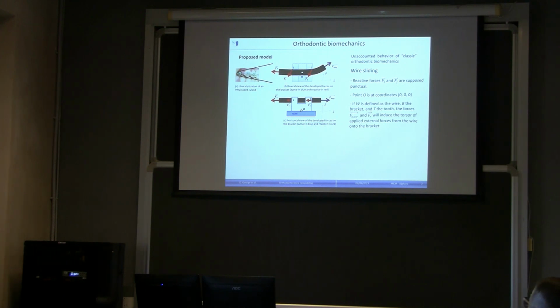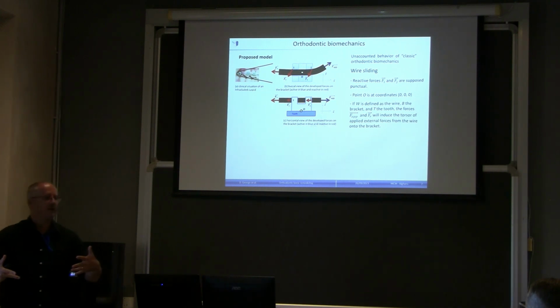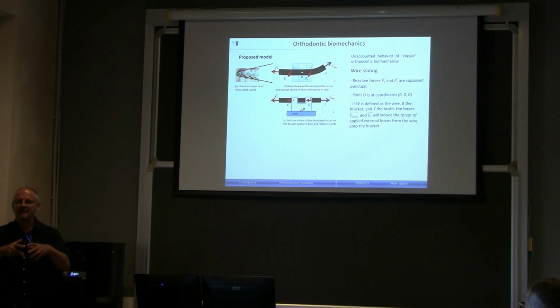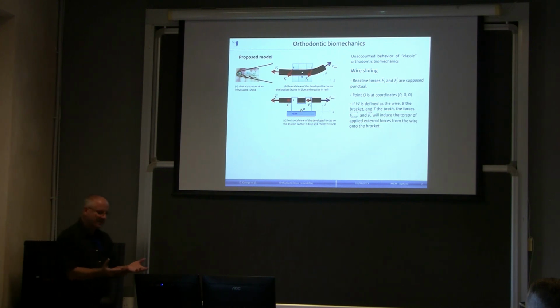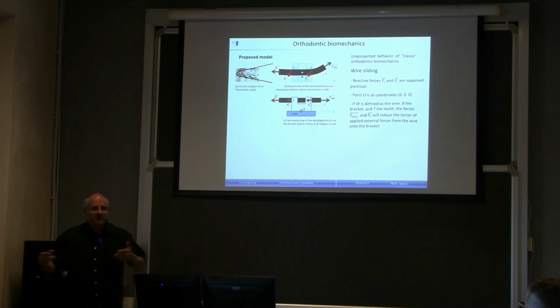What happens is that this equilibrium is going to be disturbed by the wire sliding inside the brackets. So the equilibrium that you have at the beginning, which drives the bone remodeling due to the elasticity of the wire, is disturbed because you lose the elastic recovery because of this wire sliding inside the bracket.